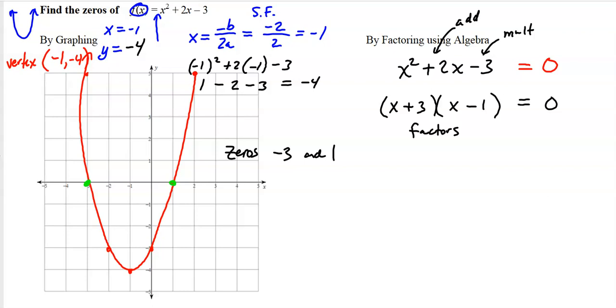Now, I'm going to use something that I refer to as ZPP. All right, ZPP. And it stands for the zero product property.